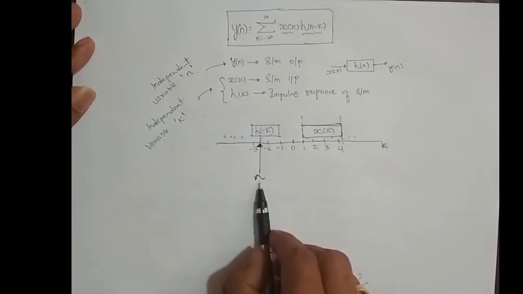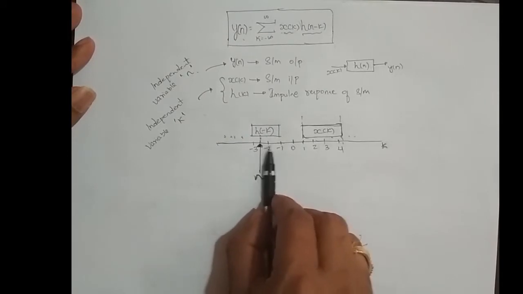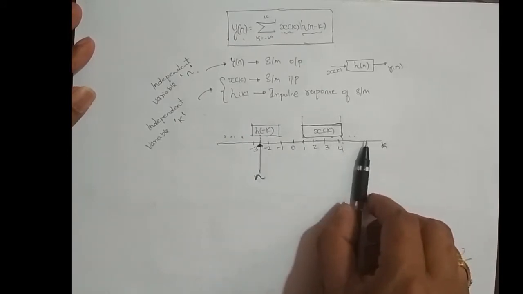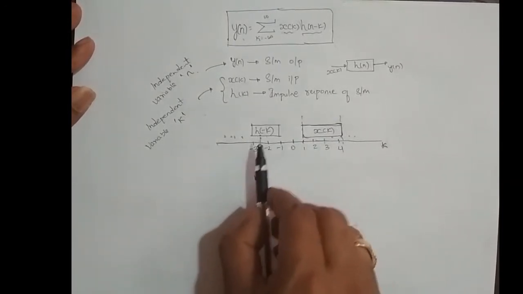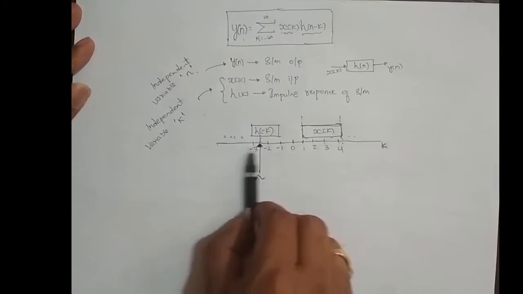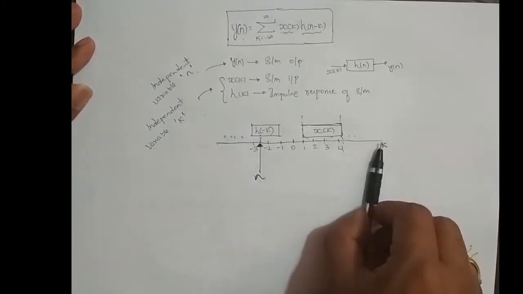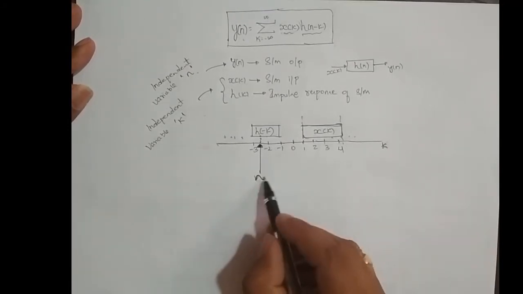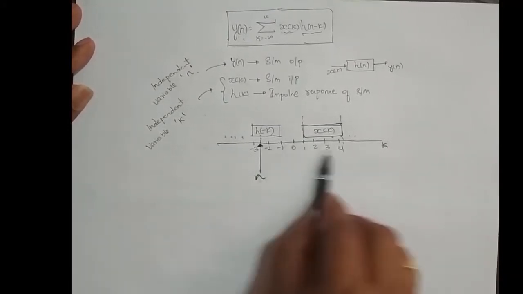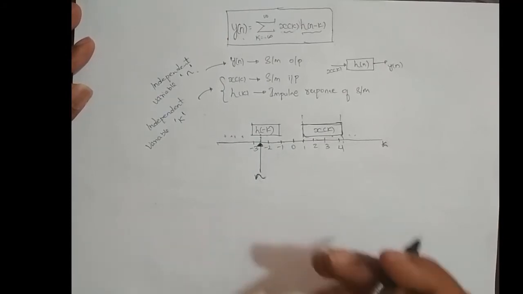If I give negative values of n, then it will move to the right side. So for given values of n, h of minus k can slide from minus infinity to plus infinity. Each time I give values for n, this slider will move.